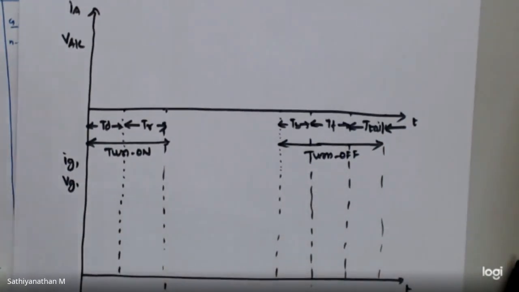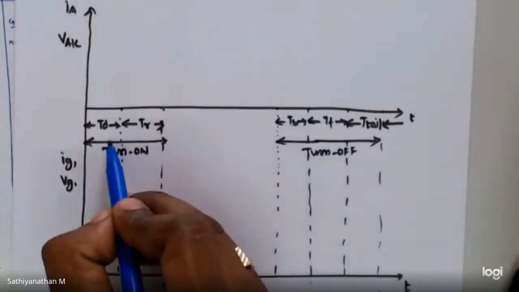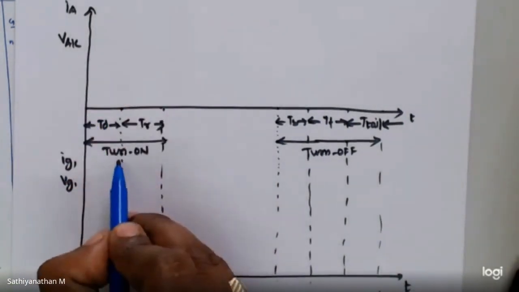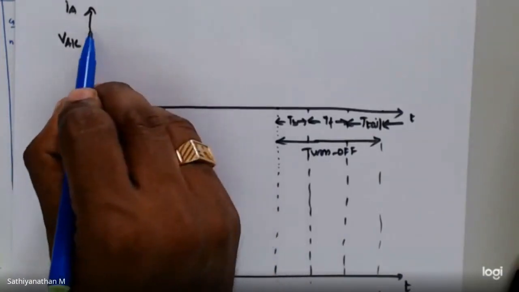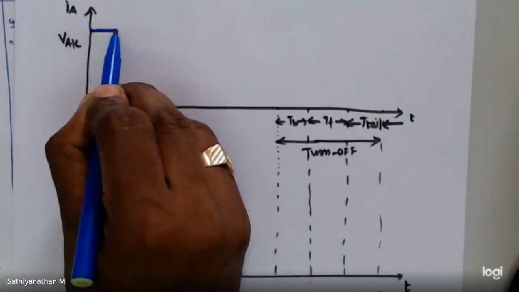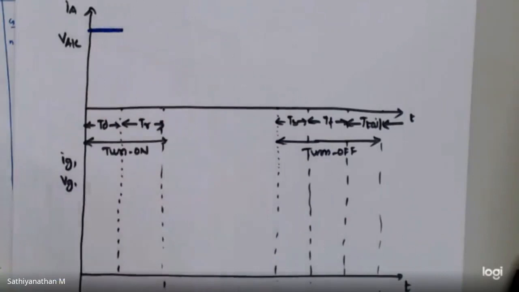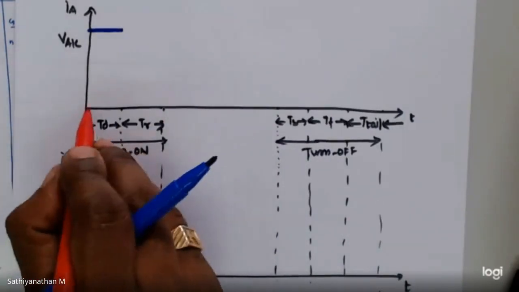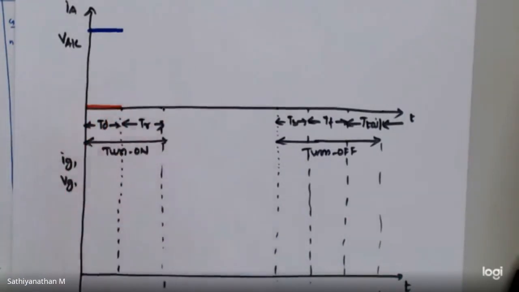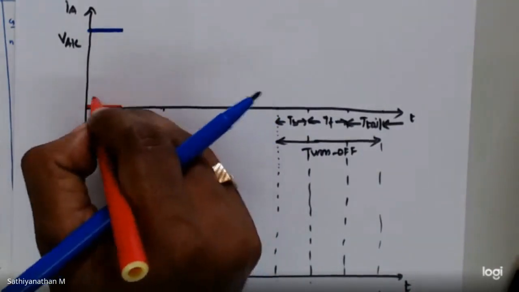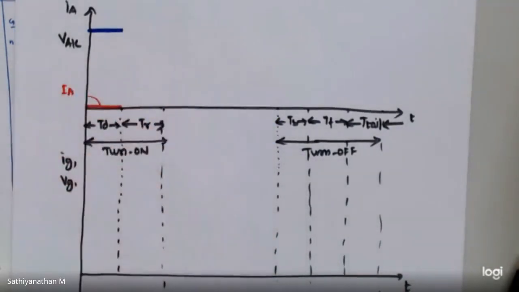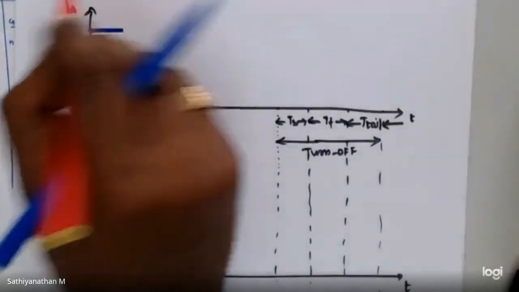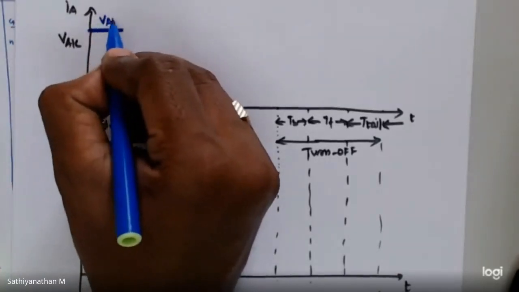So during TD, that is delay time of a turn on process, you have an anode cathode voltage and you have anode current. So this is your anode current and this is your anode cathode voltage.